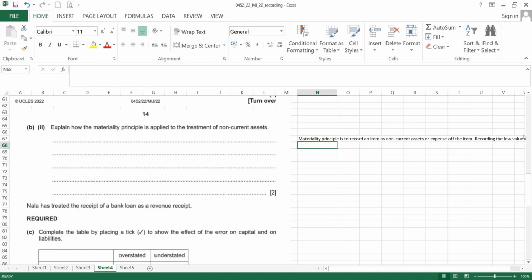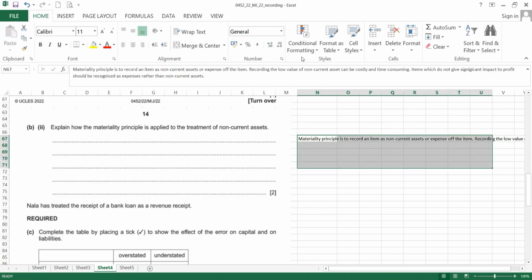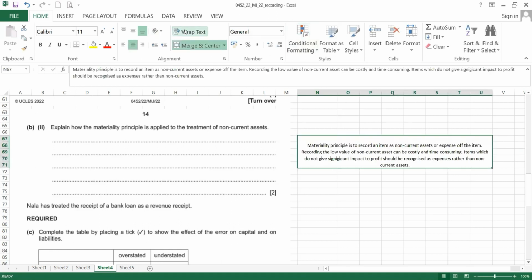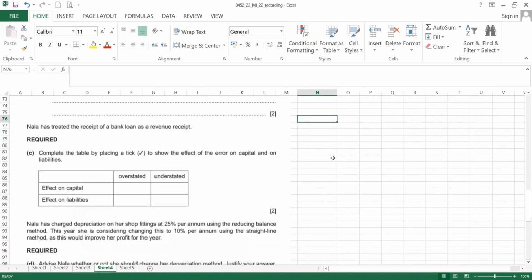Okay, so this is the explanation we can use to explain the non-materiality. Okay, Nala has treated the receipt of bank loan as a revenue.